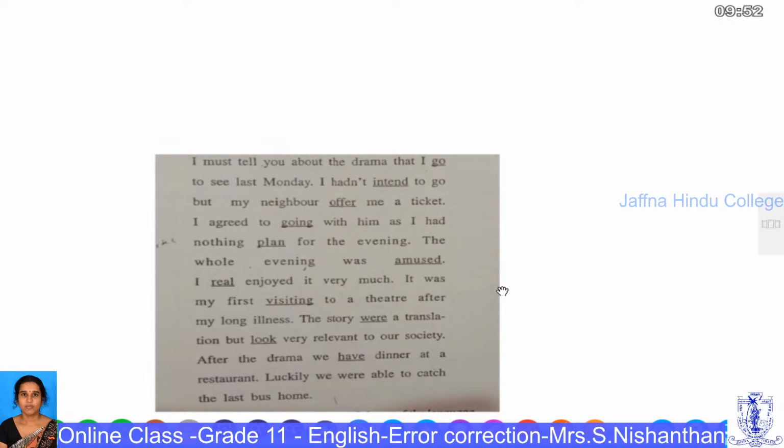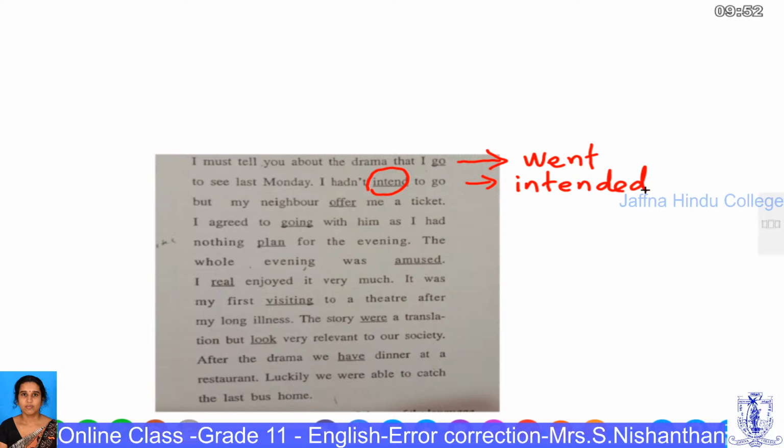I must tell you about the drama that I go to see last Monday. So the event happened on last Monday. So the go should be in the past. Went to see last Monday. I hadn't intend, right? With had, we have to use the past participle. So intend should be as intended, ed verb. But my neighbor offered me a ticket.